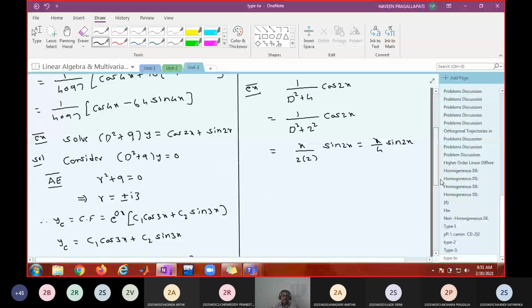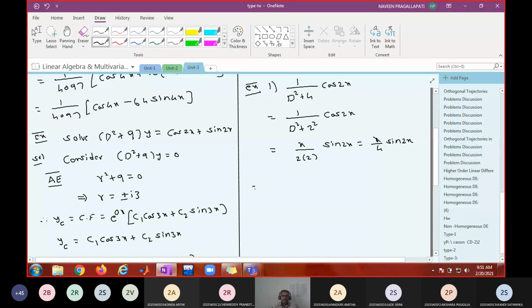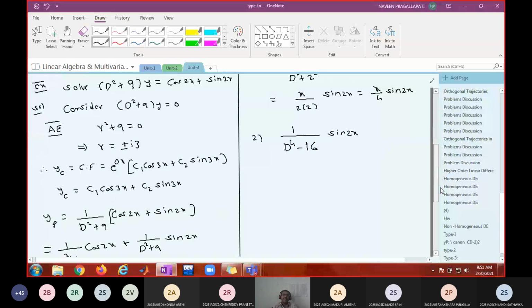For example, if it is like this, 1 by d power 4 minus 16 sin 2x. How can I write d power 4 first? D square whole square minus 16 sin 2x.